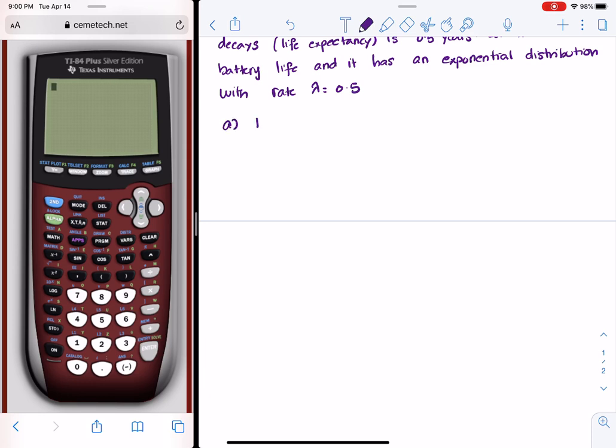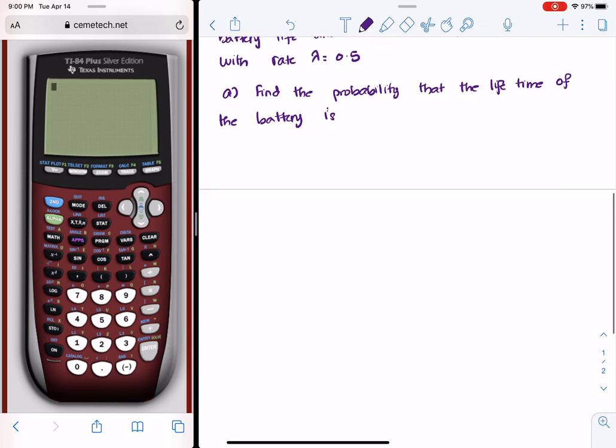And let's say we want to find the probability that the lifetime of the battery is at most 1 month.